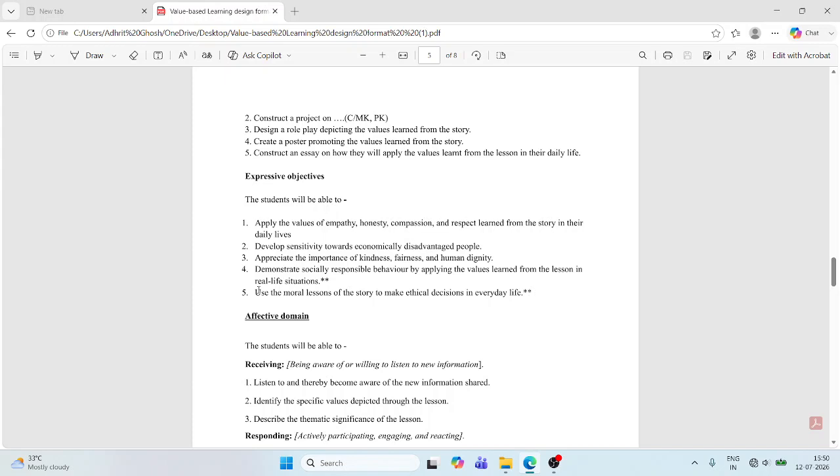Those who have done pedagogical analysis in English, all of you know that we have certain objectives called the expressive objectives, developed by Eisner.